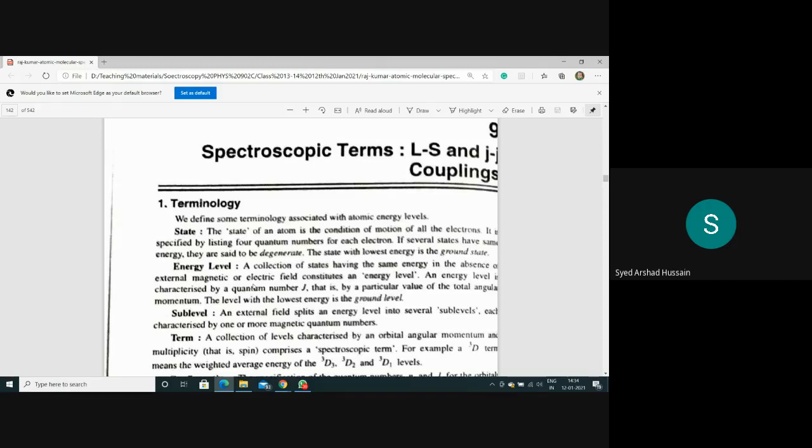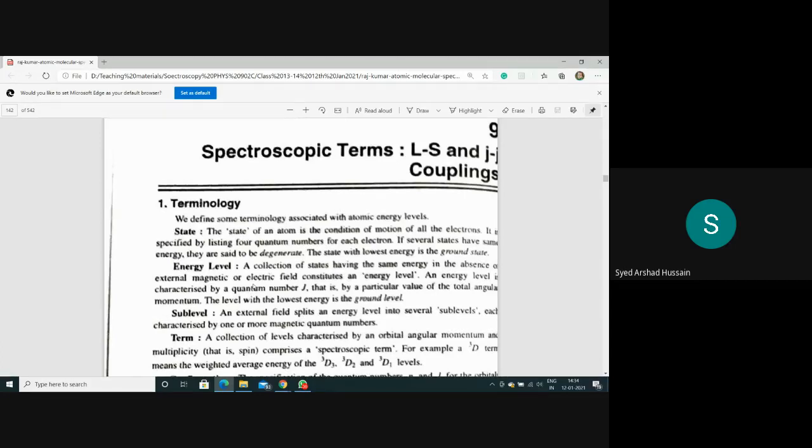We haven't studied the effective electric field yet; in later classes we will see. But by applying a magnetic field, we can separate each of these 2n square electrons.